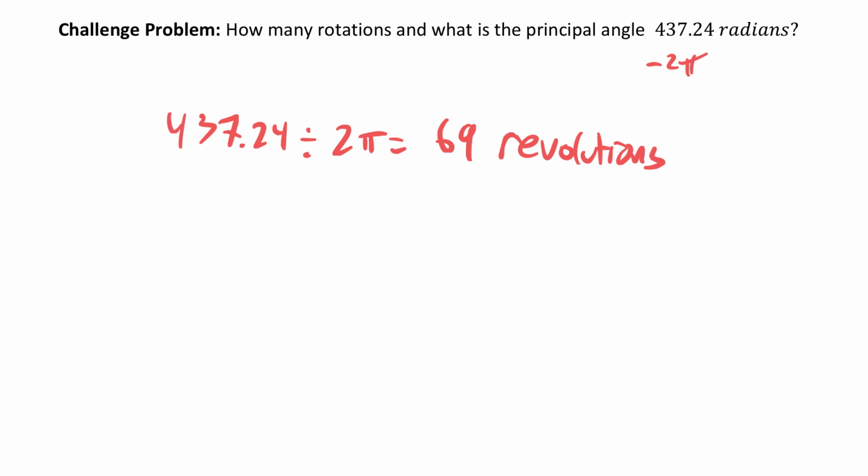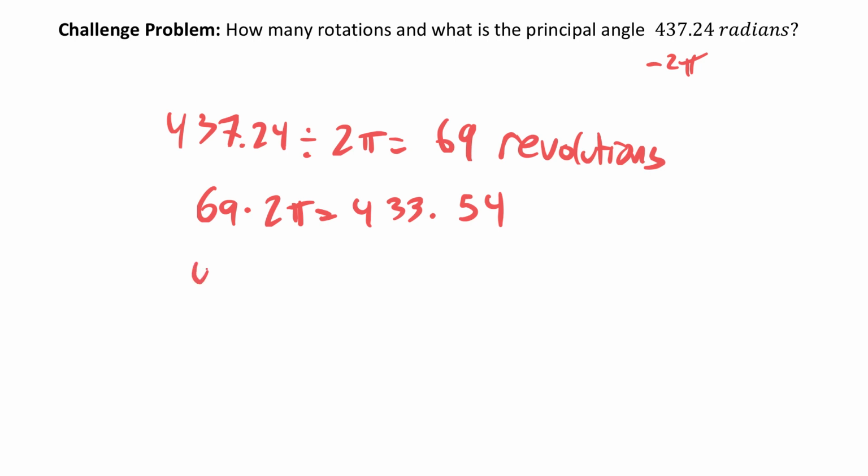So we can go back and we can figure out 69 times 2 pi. Well, using a calculator, 69 times 2 times pi is going to give us 433.54.